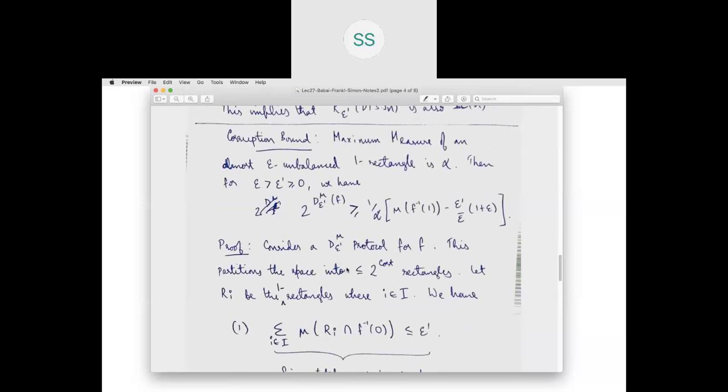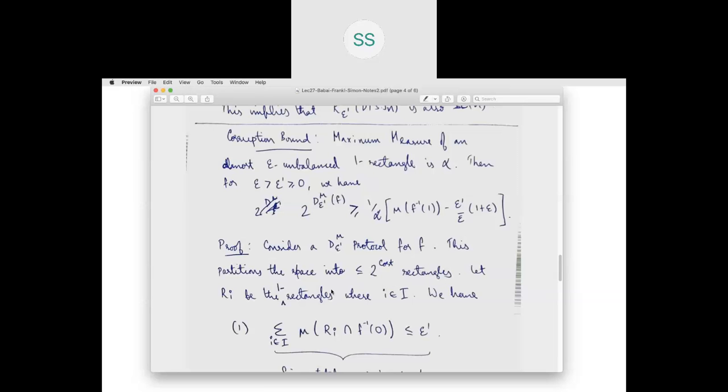So consider a distributional protocol for f over the distribution mu and with error parameter epsilon. Now suppose the cost is k. Whatever the protocol, it partitions the space into at most 2 power k rectangles.